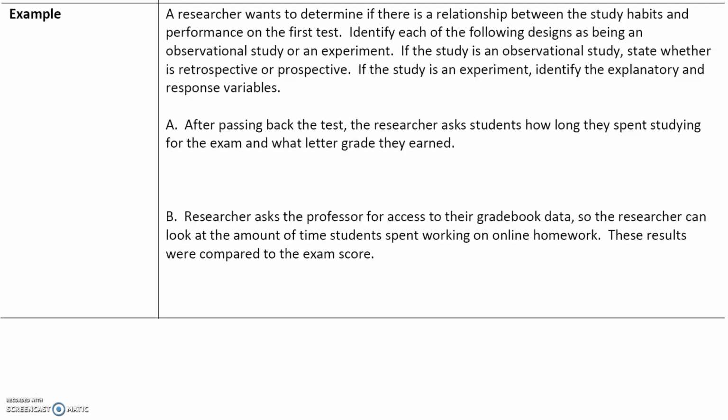After passing back the test, the researcher asked students how long they spent studying for the exam and what letter grade they have earned. So let's ask ourselves, is the researcher interfering in the study in any way? Not at all. The researcher is simply asking students how long they spent studying. Because the researcher is not interfering with the study and simply observing, this is an example of an observational study.